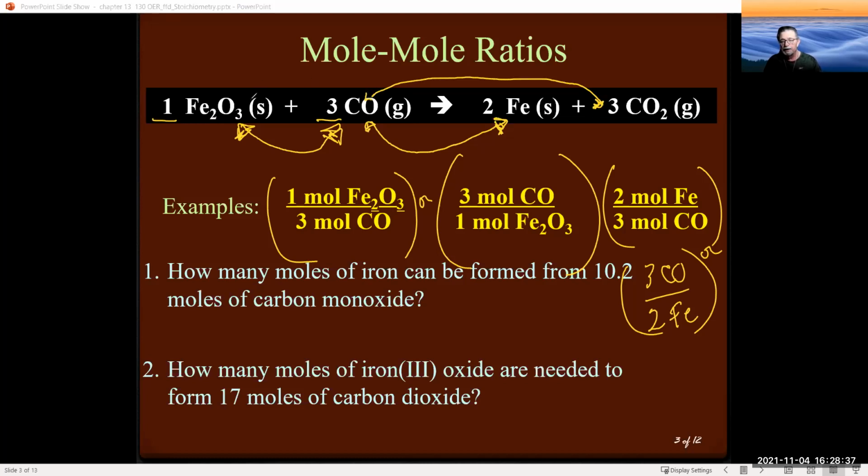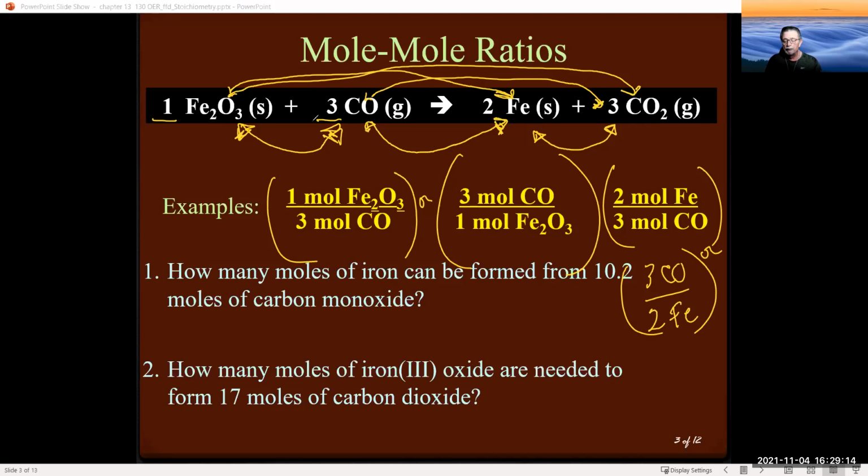And then, of course, we have the iron 3 oxide, its relationship with the iron, okay? And the iron 3 oxide, its relationship with the carbon dioxide. So in essence, we have 1, 2, 3, 4, 5 different relationships. And then plus, we have the relationship of product to each other. So we have 6 relationships or mole ratios to work with, each one having 2 ratios. So that's a total of 12 ratios that we can generate based on this equation here, okay?